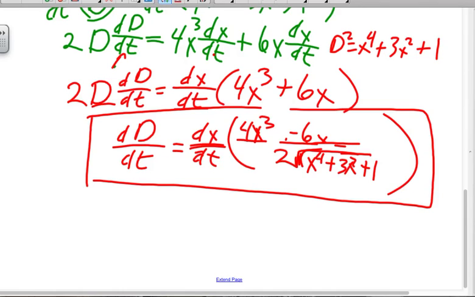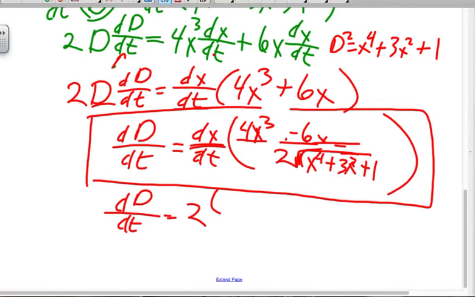Okay? So now the question is, we've got all of this. So now we need to find when dx dt is 2. Now, they didn't actually give us an x on this one.